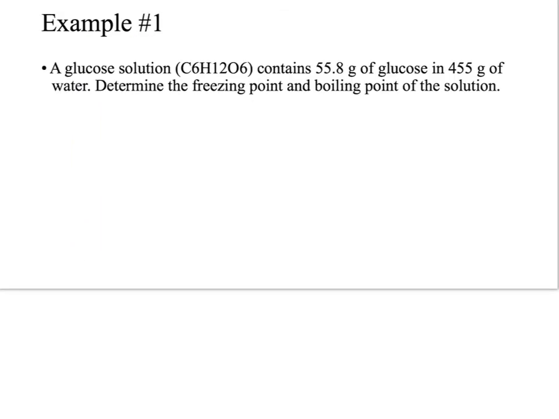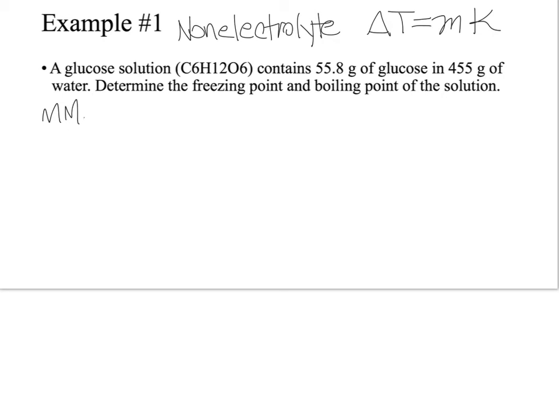Let's take a look at a couple of example problems where we calculate freezing point and boiling point of a solution. The first one that we'll look at is a non-electrolyte. And the formula, if you remember, is delta T is equal to molality times K. So first thing we need to find is the molar mass of glucose.